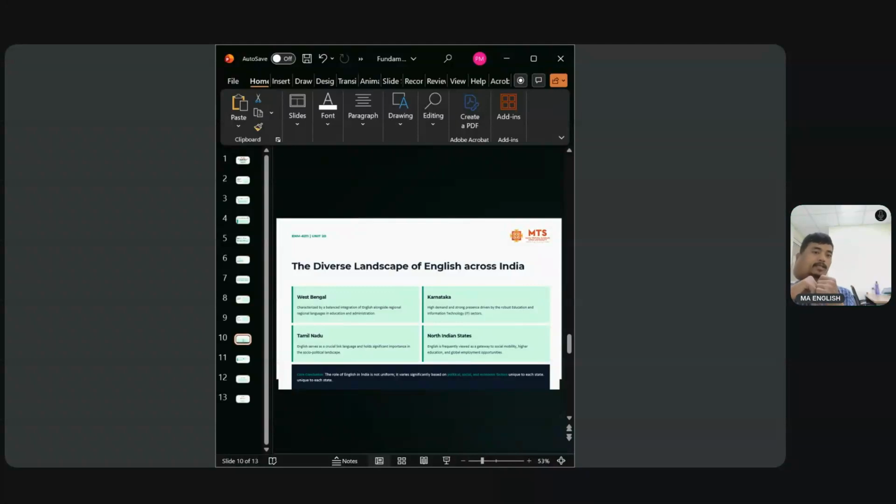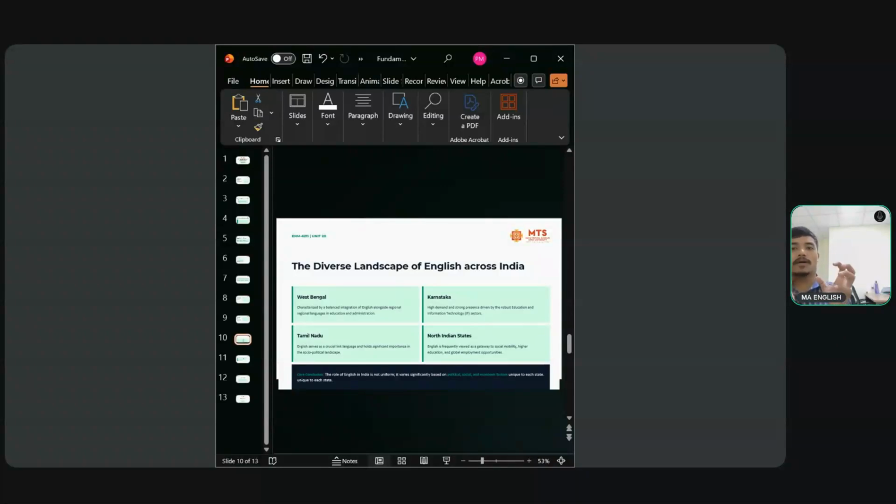The second is Karnataka, and particularly Bangalore, which is now normally called Bengaluru. I'm not sure of the pronunciation. Here there is a very high demand for English, driven primarily by the information technology sector.